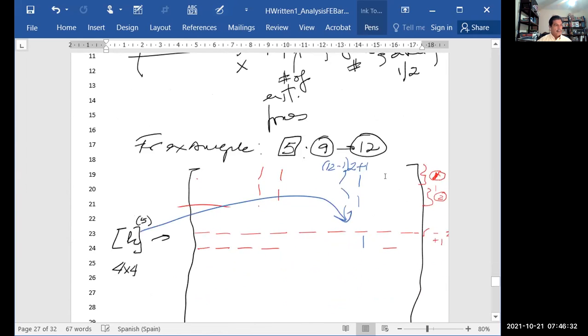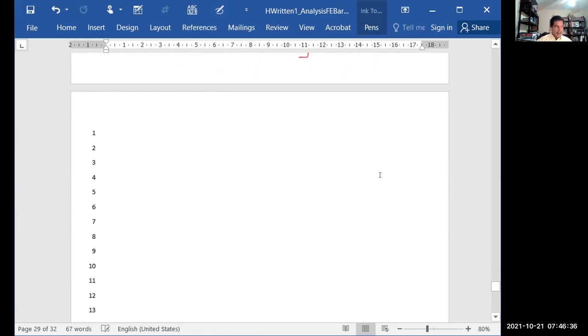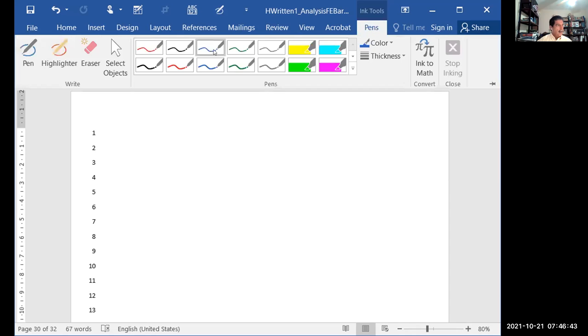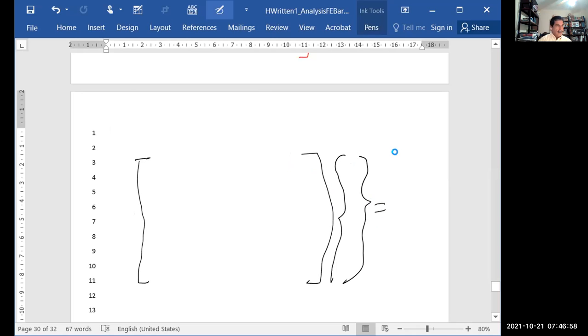Let me go back. So what I'm saying is this. I have big K, these are the displacements, and these are the external forces applied on the joints.